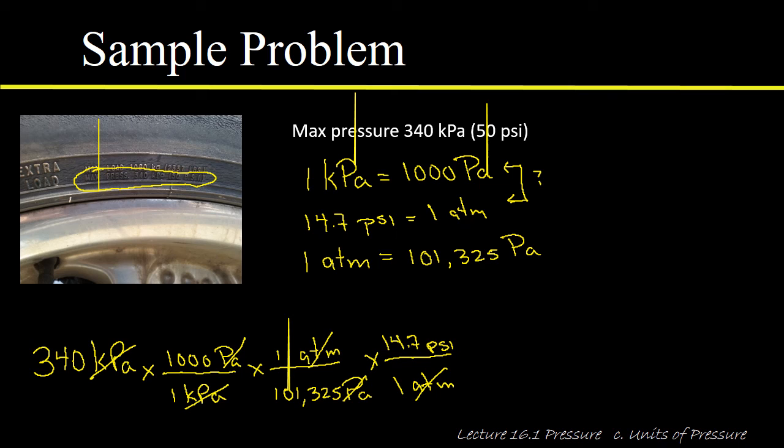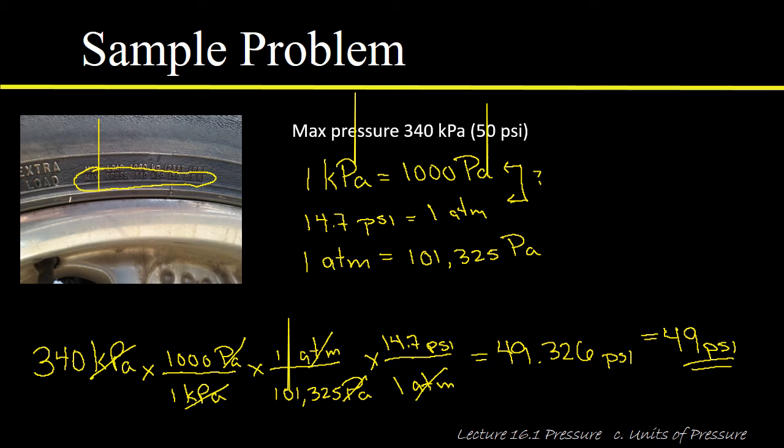And if we just put all of this into the calculator, run these numbers, 340 times 1,000 times 14.7 divided by 101,325. Put all that in, we get 49.326 psi, which, if we round it to two significant figures, is actually 49 psi.